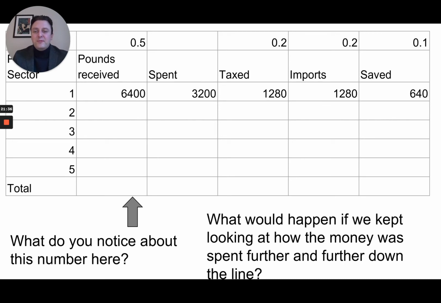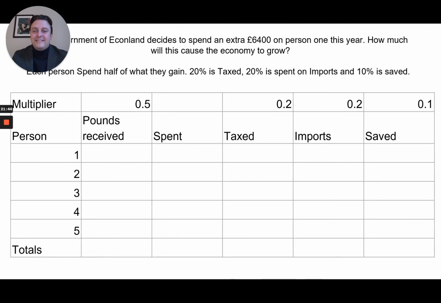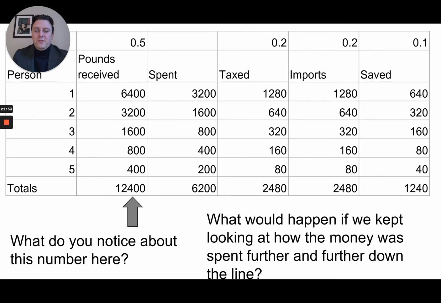So fill in the pounds received column down to the total. Okay, you can pause it there. Okay, so here we go. So we've got the 6,400 out. Person 1 has received, or sector 1, maybe it's the NHS, or it could be the Eat Out to Help Out restaurants.